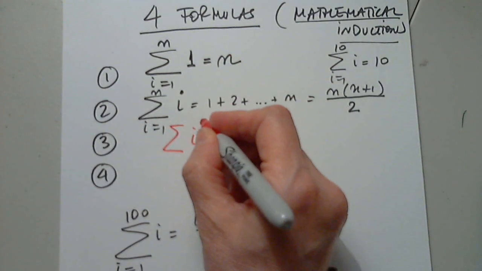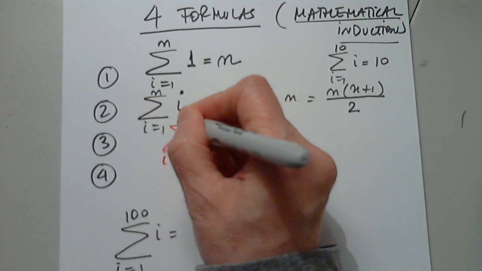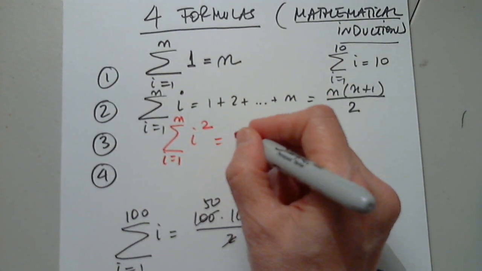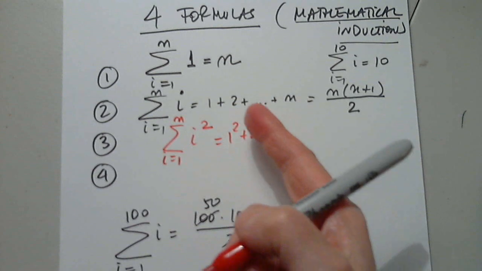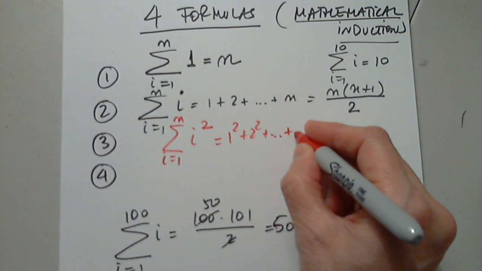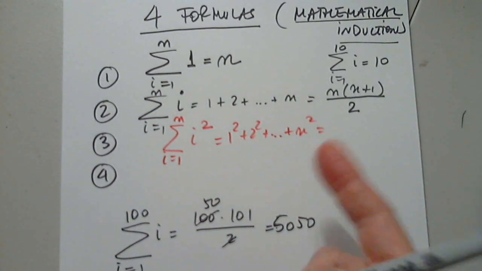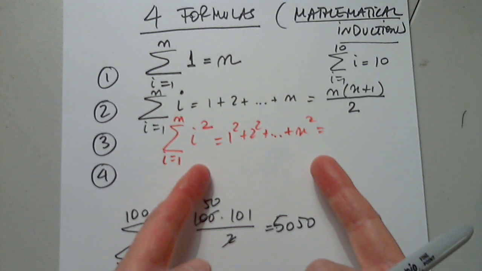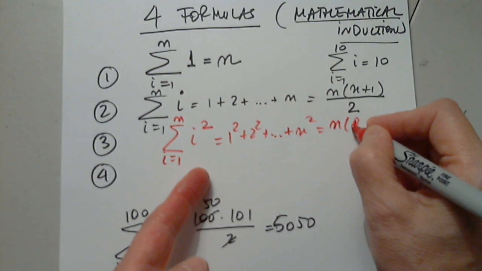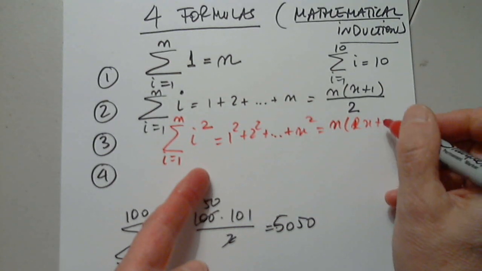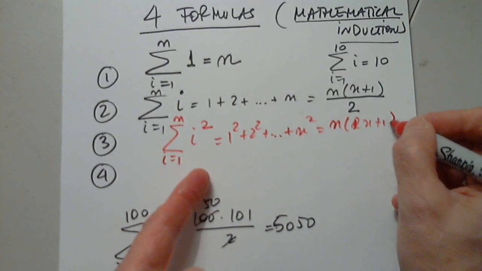Here's the next one. The sum of i squared from i equals 1 through n. What is this? 1 squared plus 2 squared plus dot, dot, dot, plus n squared. This is the most cumbersome to remember. It's n, 2n, n times n plus 1.